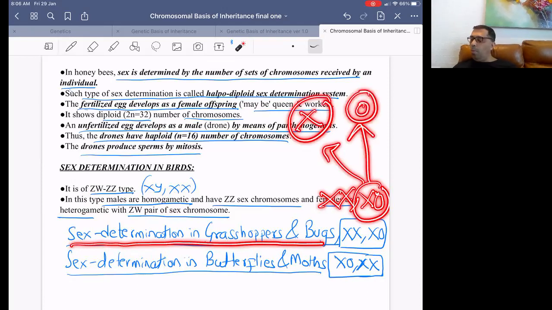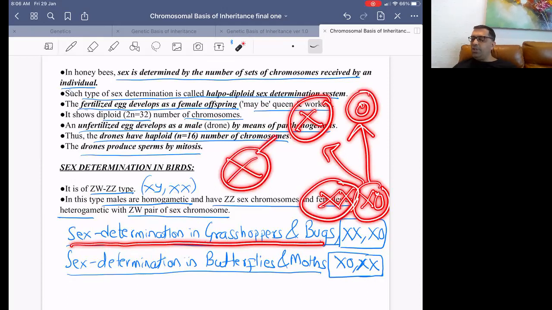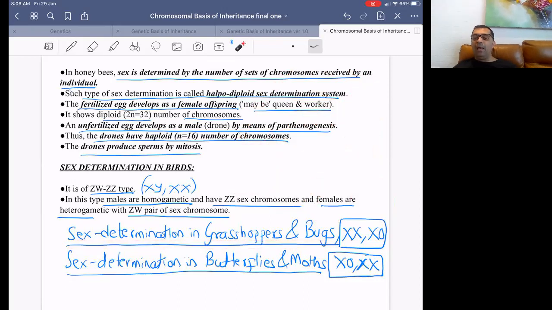Females will produce eggs with an X chromosome. If X fuses with X, it will form a female. If X fuses with no sex chromosome, it will become XO, a male. So in grasshoppers and bugs, males are heterogametic with XO.